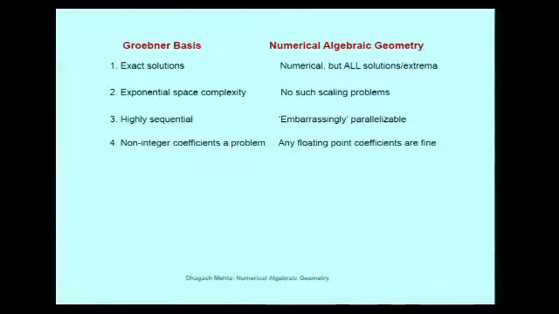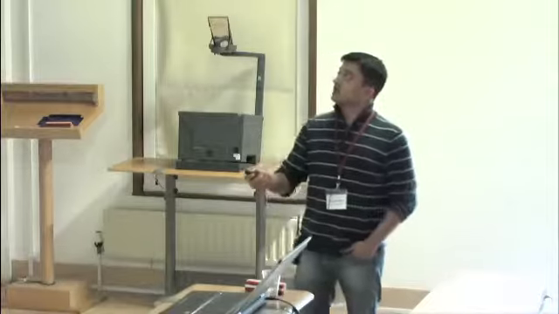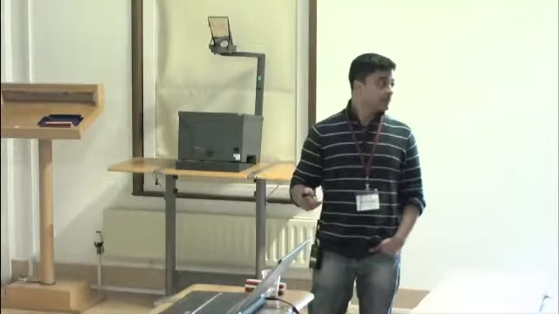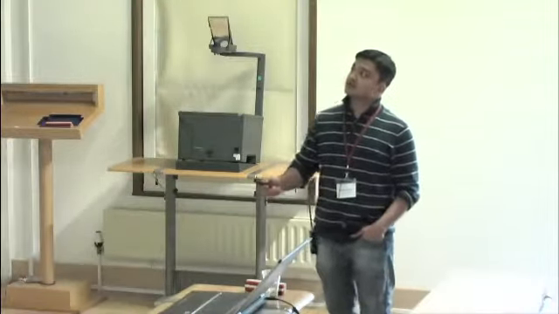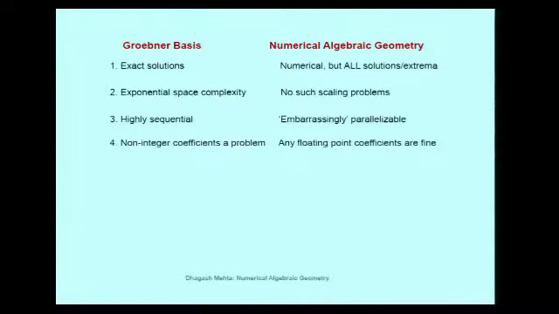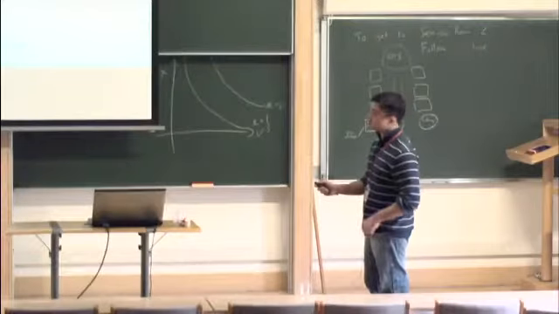The second difference is that the Gröbner basis algorithm is known to have exponential space complexity, which means that the RAM required by the machine would exponentially blow up if you add one more equation or one more variable and so on. Okay. Here there is no such scaling problem. The Gröbner basis algorithm is highly sequential, which means that each step in the algorithm requires the knowledge of all the previous steps. Okay, so you have to use only one processor.